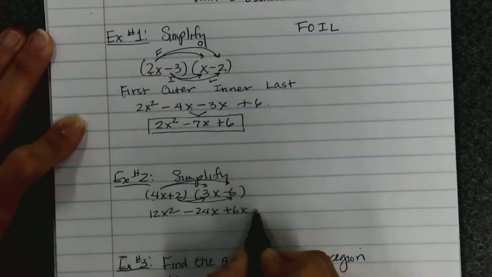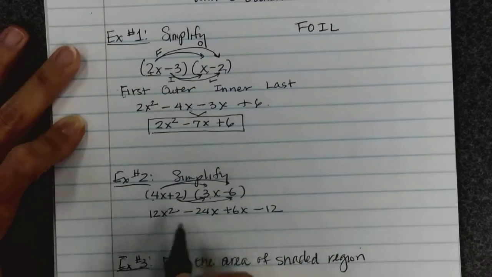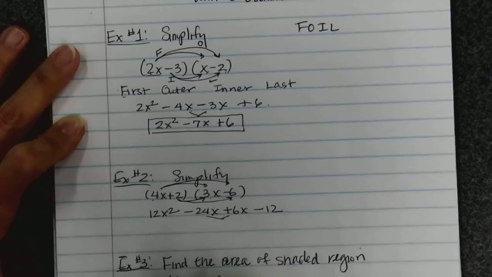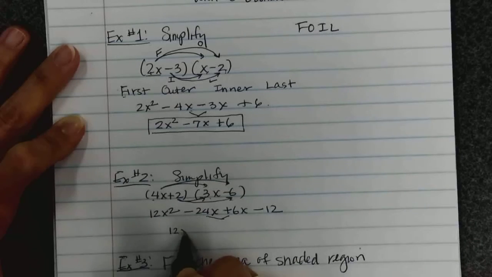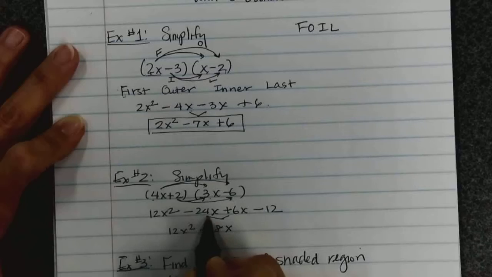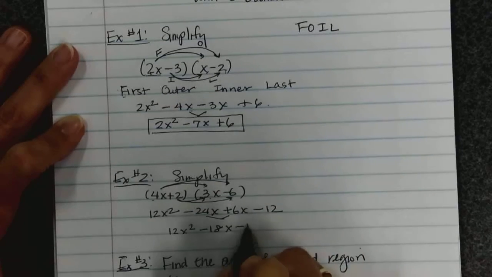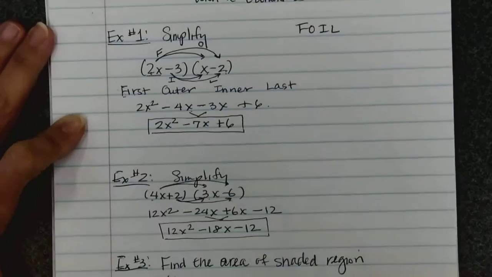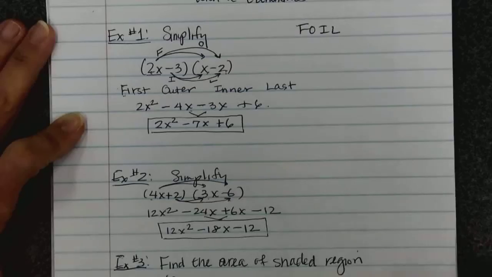And 2 times negative 6 is minus 12. Those are my like terms, so negative 24 plus 6 makes it 12x squared minus 18x minus 12, and that's what you get.